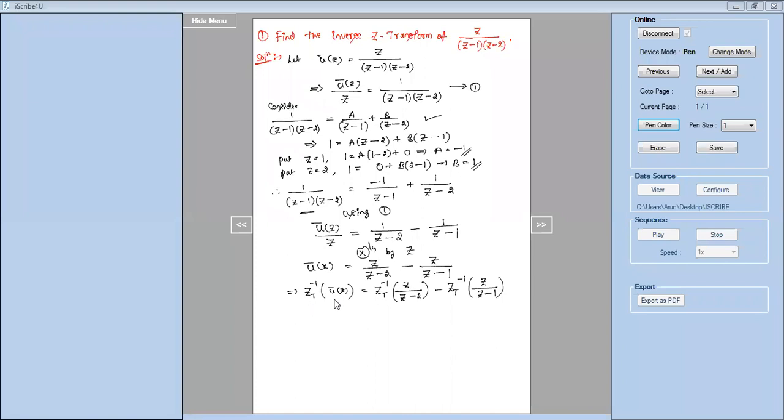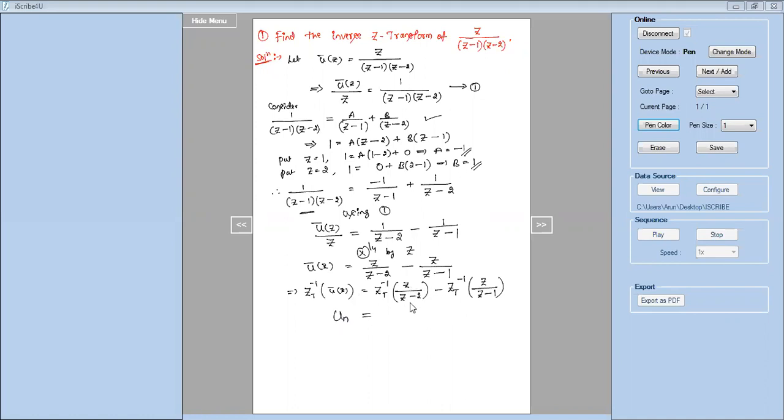So that means I'm taking inverse for each and every term here. And we know that ZT inverse of U bar of z will be written as U n. So ZT inverse of U bar of z is called U n, the function, is equal to the right hand side. So it is z by z minus 2.